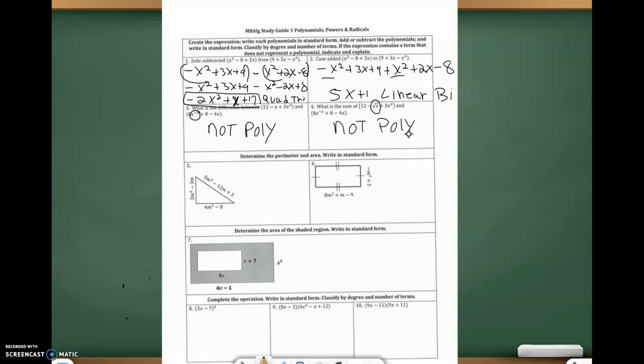All right, now I am going to find the perimeter and the area of these things, okay? So guys, basically for the perimeter I'm just going to take all three of these things and add them up, okay?